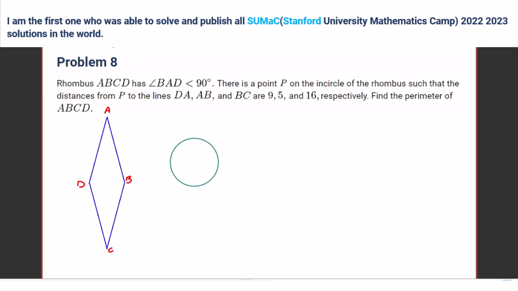Okay, so let's draw the rhombus and its incircle. It's tangent to all sides. Since we have a point P such that from DA it is 9, it is 5, 16 from this.